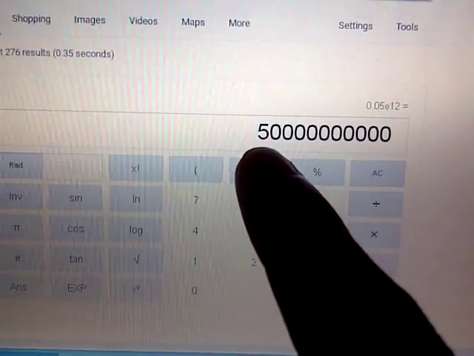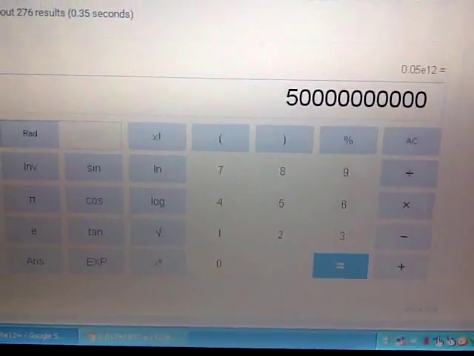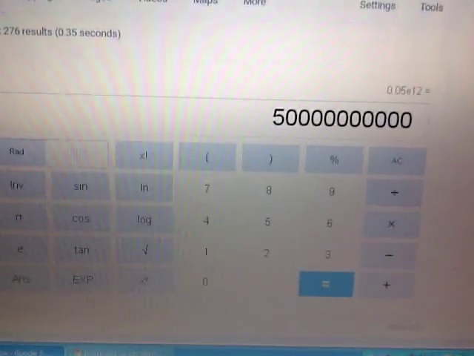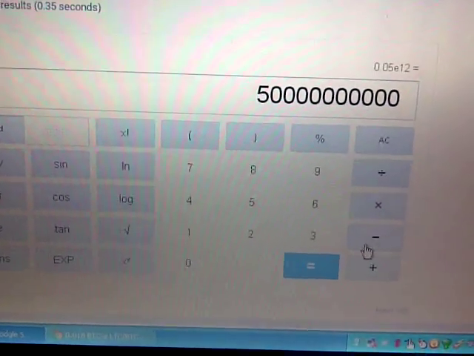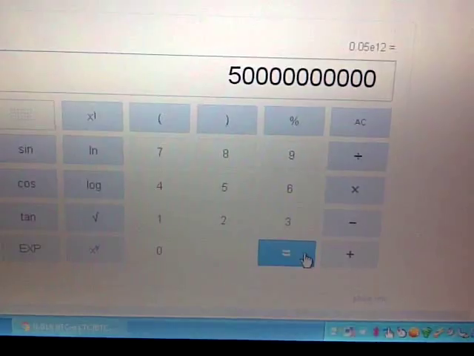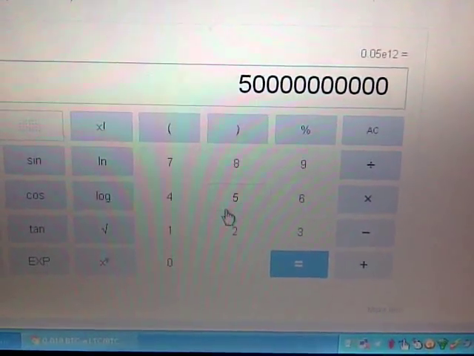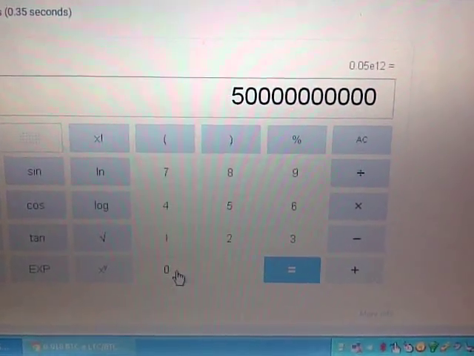There's about 10 digits. So what you have to do to calculate that is you have to invert it. This is just the way I'm figuring it out. Just trust me, you'll understand once you figure out how this stuff works.